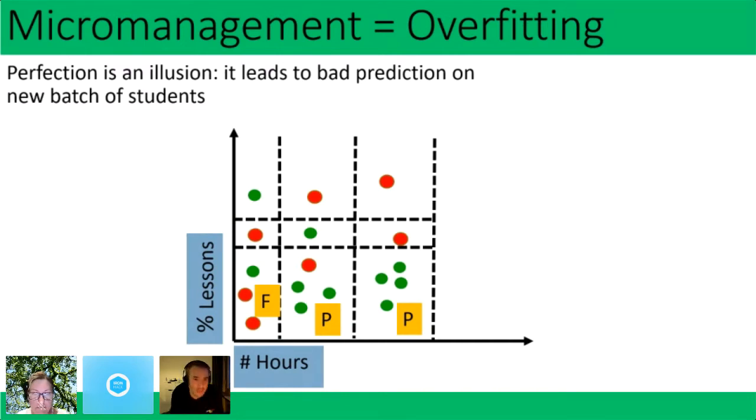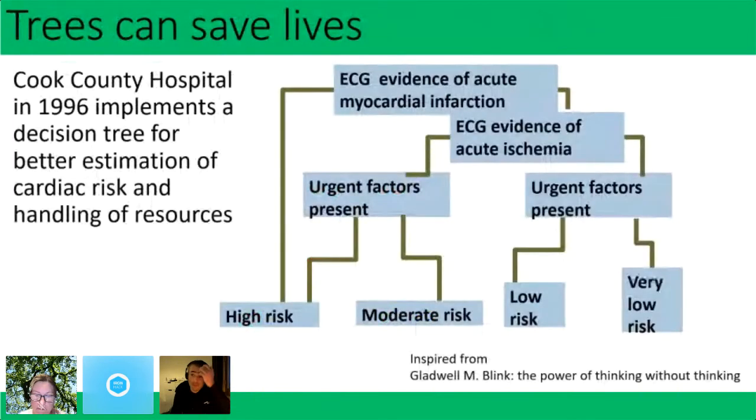Now I would like to give you a couple of examples of where this decision tree algorithm can be employed and how it can be successful. My favorite example is when trees can save lives. And this example was taken from an interesting read. I advise you to read it if you're interested in this type of books.